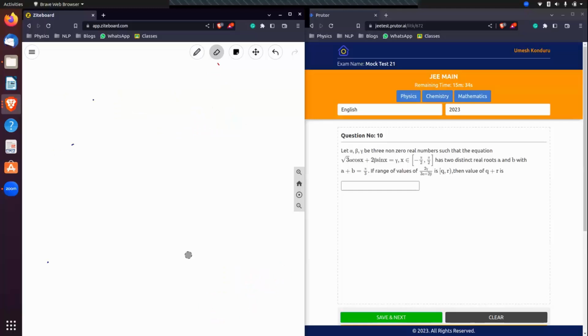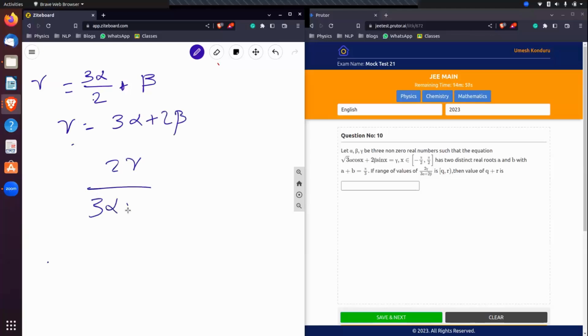So we got that gamma equals root 3 times root 3 by 2. Okay, so you get gamma equals 3 alpha by 2 plus beta. So in fact, we get gamma equal to 3 alpha plus 2 beta, which means 2 gamma by 3 alpha plus 2 beta is just equal to 2. Now what would be this interval?